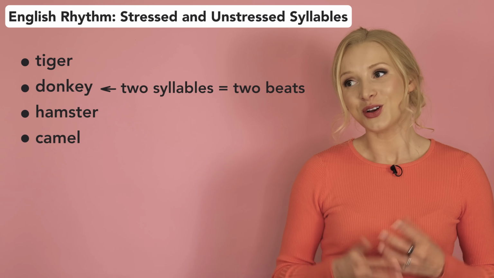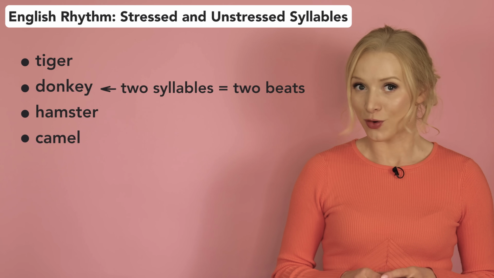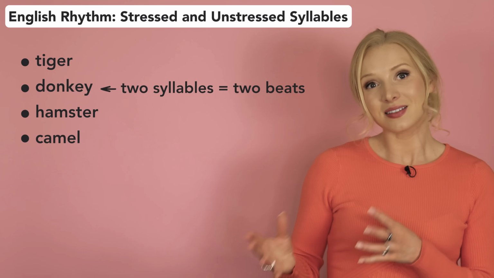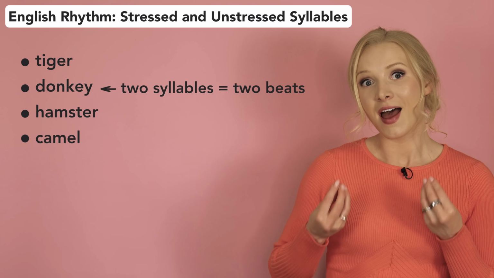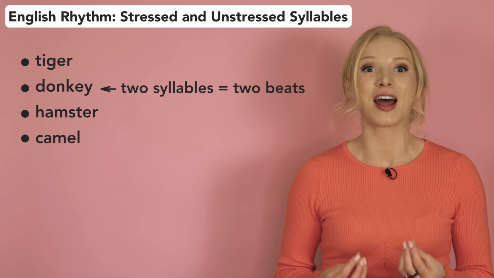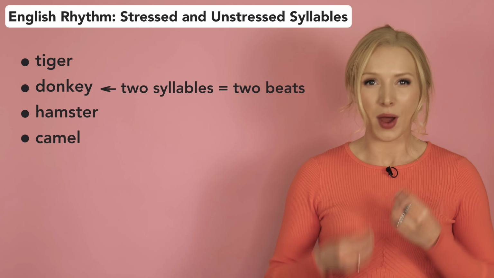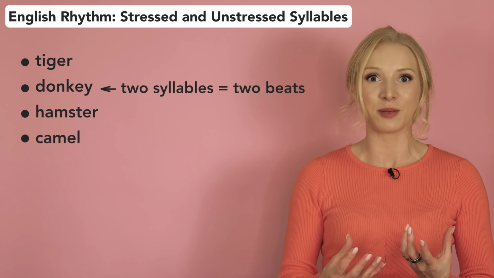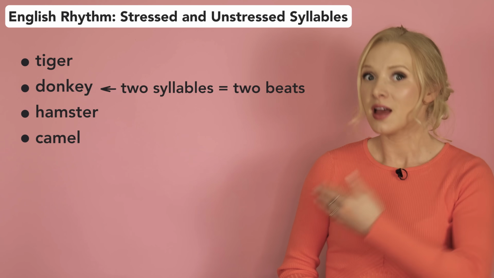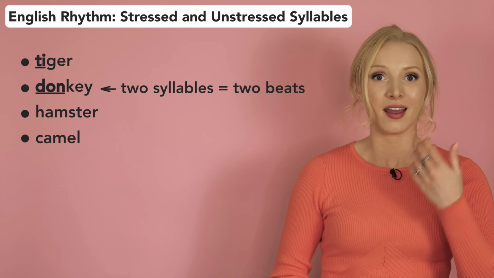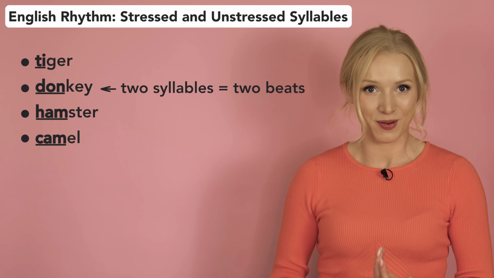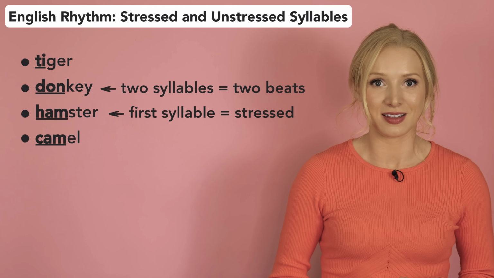But in English, not all syllables are created equally. Some syllables are given more energy. They're often pronounced louder and longer. Did you notice how I emphasized the first syllable in all of these words? Tiger, donkey, hamster, camel. The first syllable is the stressed syllable.